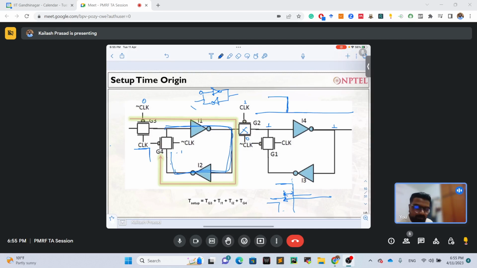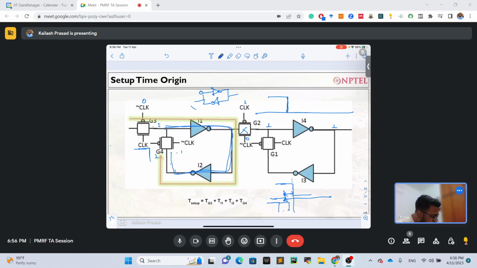Suppose it is happening over here, now what will happen? You see that the clock is about to go to 0, and earlier here, if it was 1, then the data over here will also be 1.